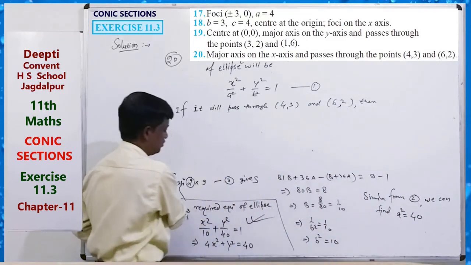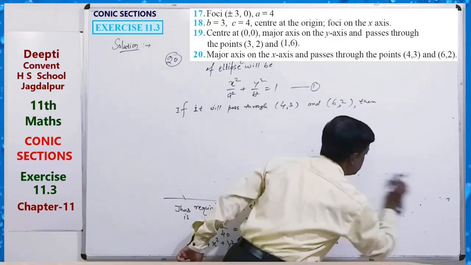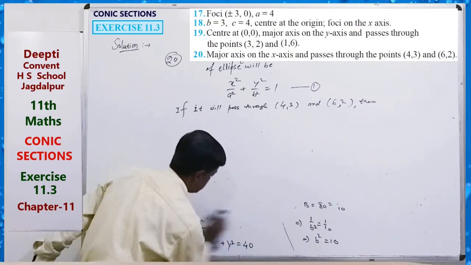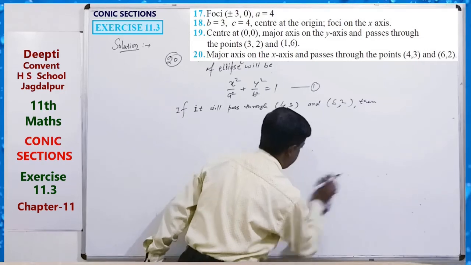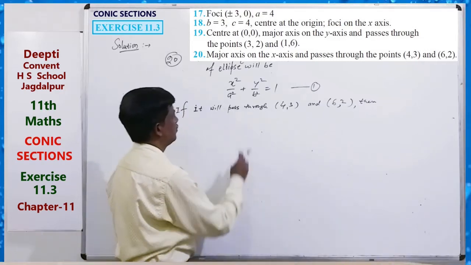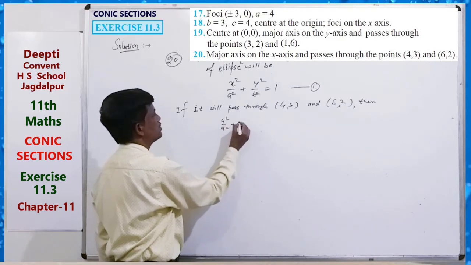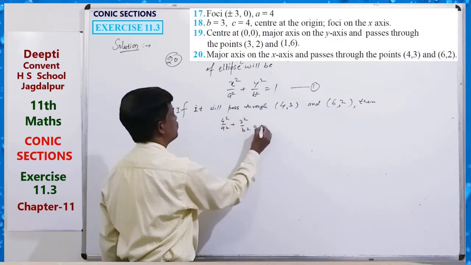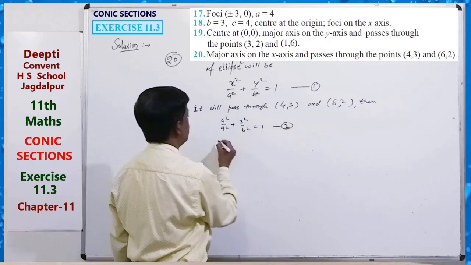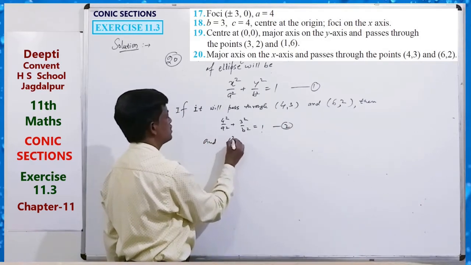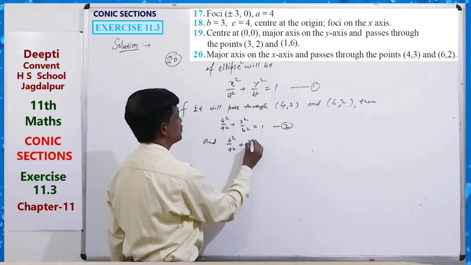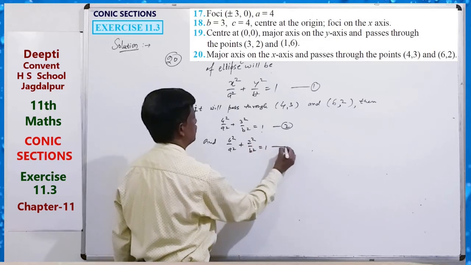So just by doing the same process, passes through this: 4 square by a square plus 3 square by b square equals 1, equation 2, and 6 square by a square plus 2 square by b square equals 1, equation 3.